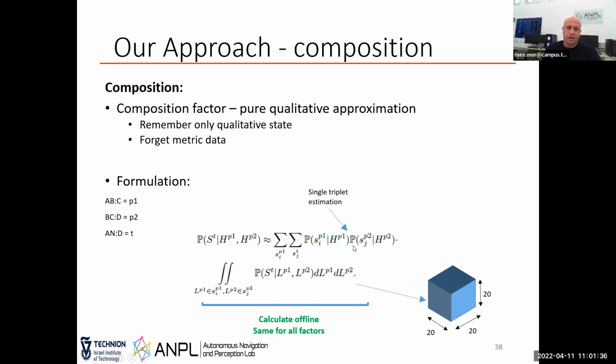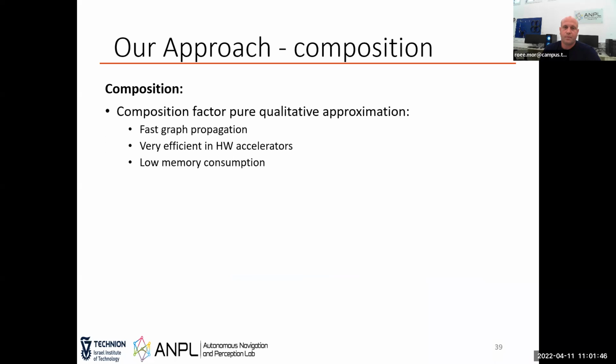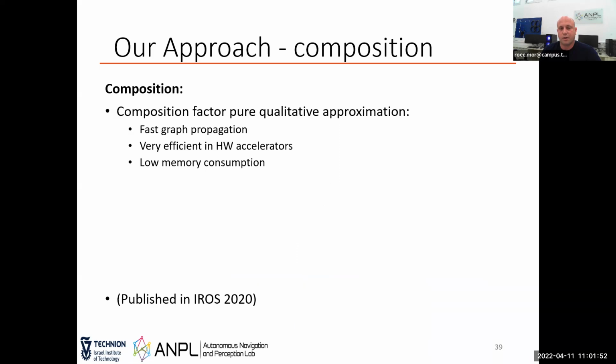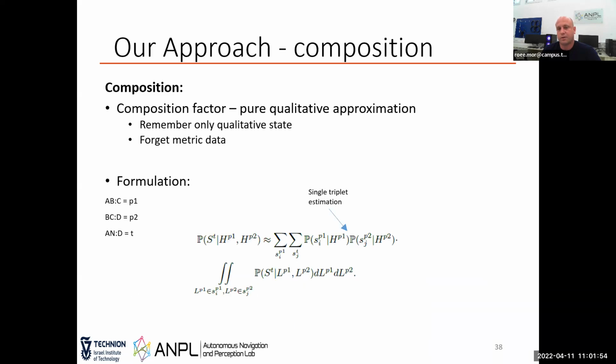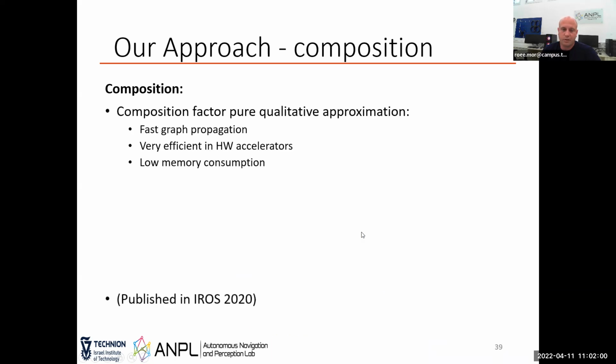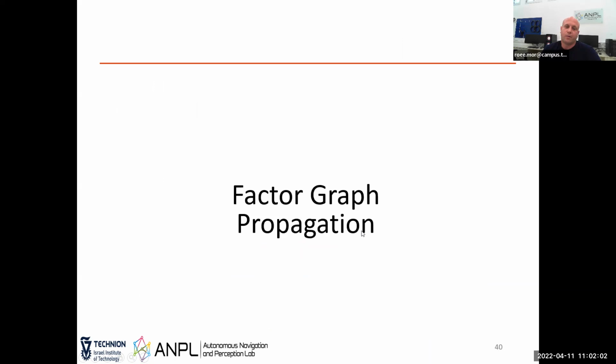This is again an approximation that uses the qualitative nature of the problem, and we are going to see how good this approximation is. The way to do this approximation and the way to do composition is also published in the IROS. And now I'm going to talk about the last part.